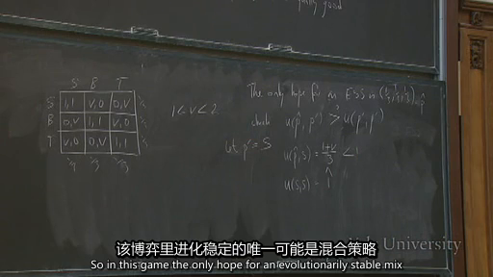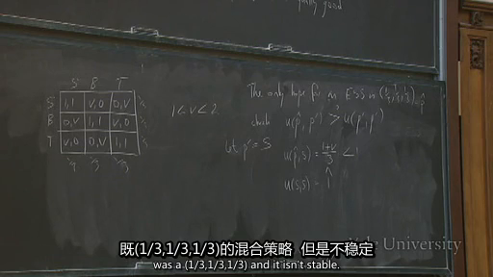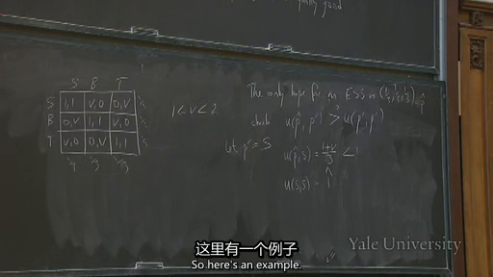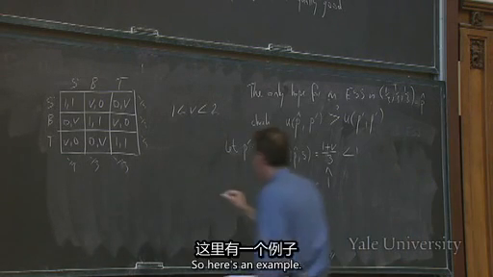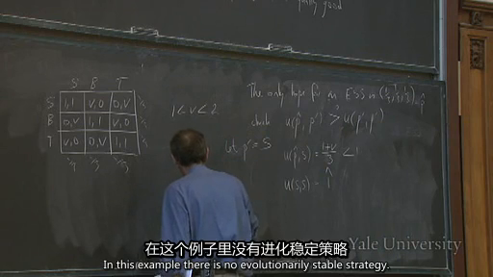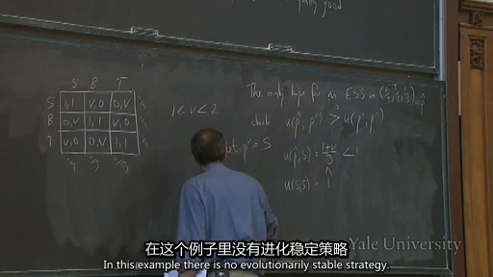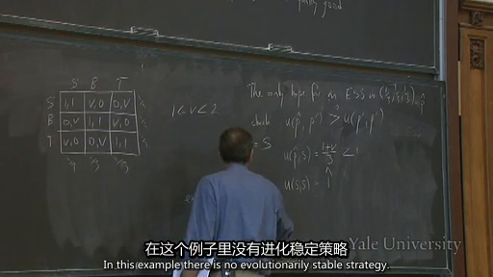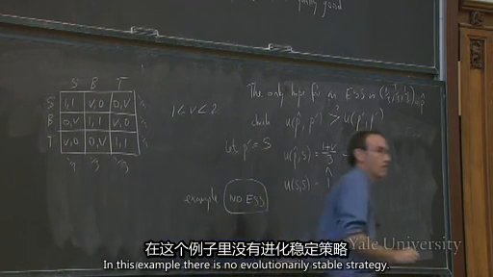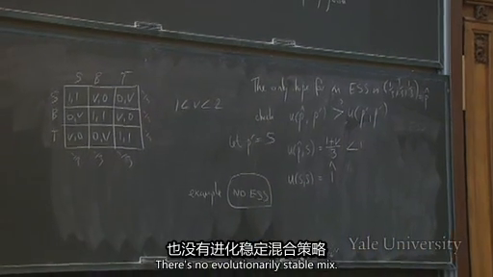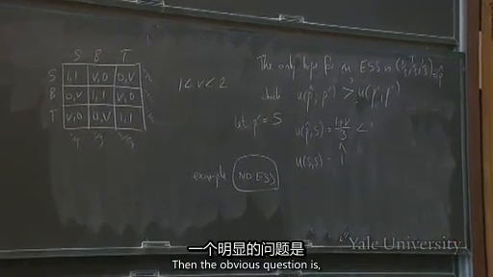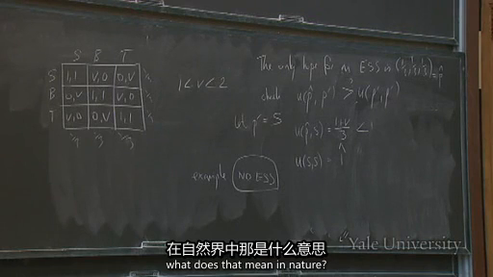So in this game, the only hope for an evolutionary stable mix was a third, a third, a third, and it isn't stable. So here's an example in which there is no evolutionary stable strategy. There's no evolutionary stable mix. And then the obvious question is, what does that mean in nature?